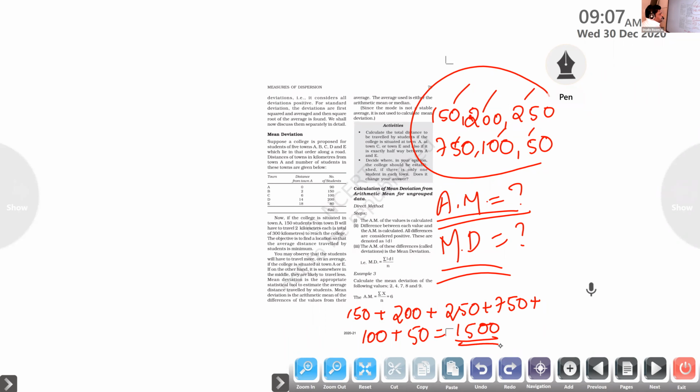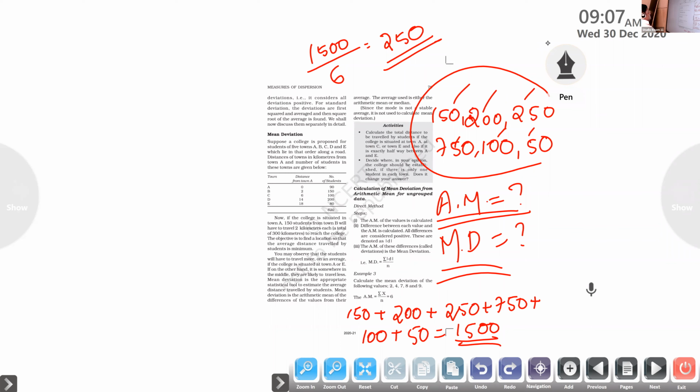Yes or no? 1500. How many observations are there? 1, 2, 3, 4, 5, 6. So 1500 divided by 6. Answer is 250. Okay, so AM is 250. Then you can do it easily, right? You got the AM there. What's the trouble?